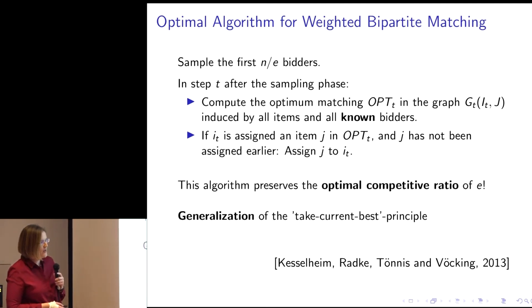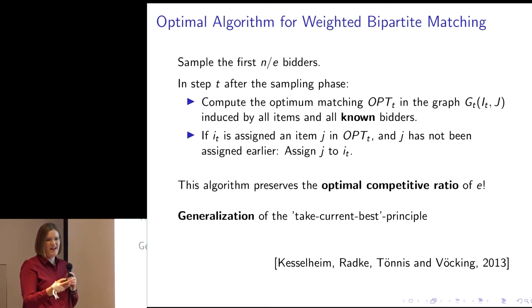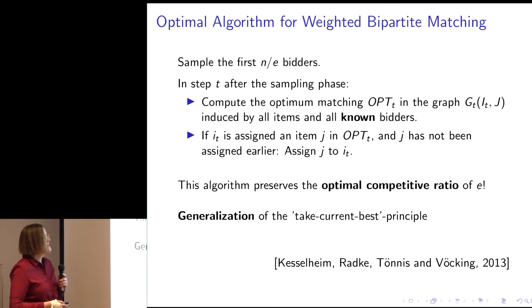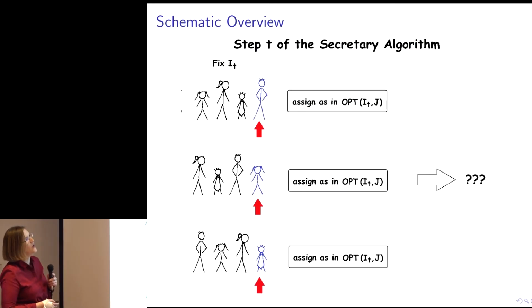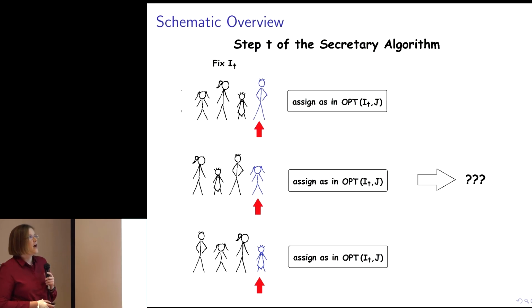So there is an issue here, of course, the one you observed, because if I try to give someone a certain cat, it might be that I've already sold it. So let's look at this schematic overview of what happens here. Let's say I_t is the set of bidders that I've seen up to time t.